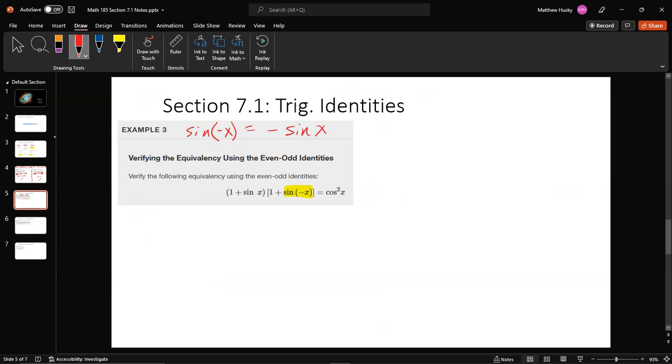So the first thing that we're going to do is say this is 1 plus sine of x, and then multiplied by 1 minus sine of x. So we are going to rewrite this, and then if all goes well, that should equal cosine squared of x.